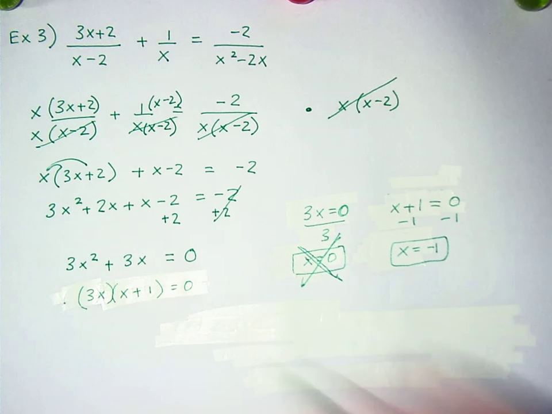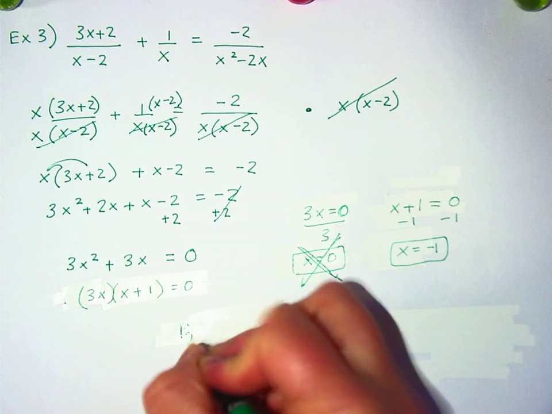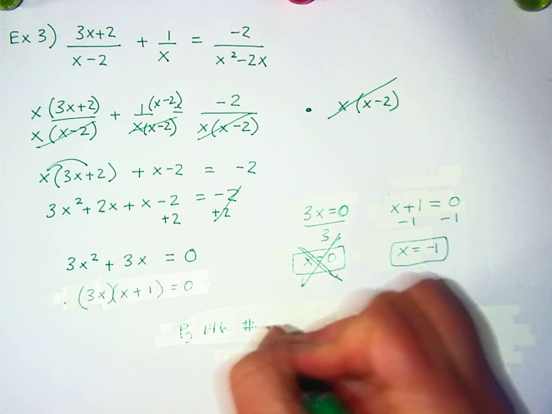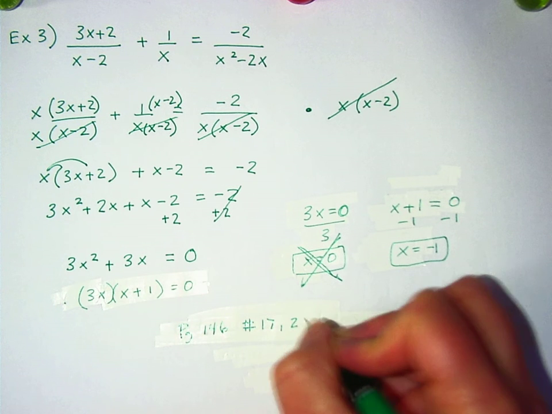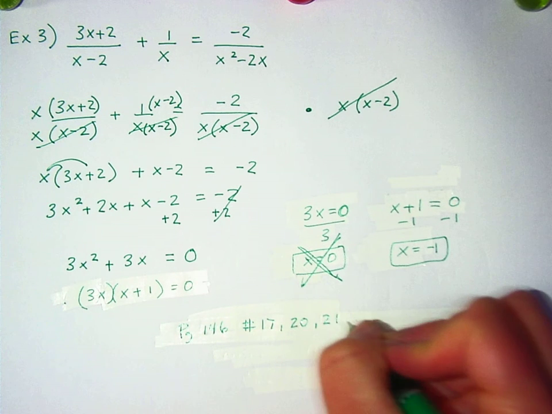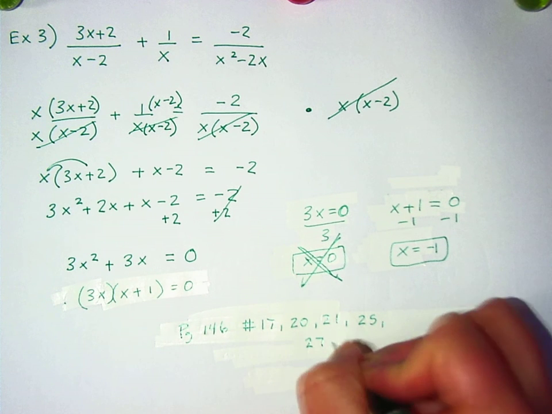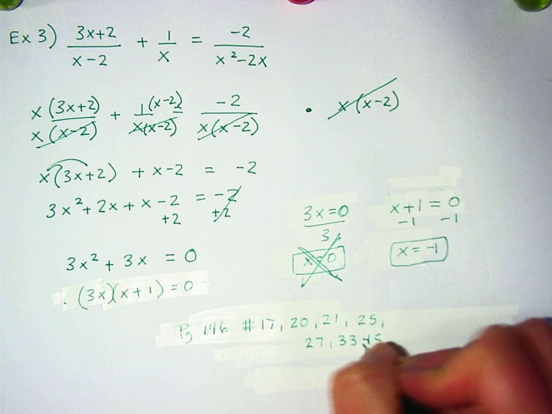So your homework is going to be done over 2 days, and we're going to have another second half of this lesson tomorrow. This is page 146, numbers 17, 20, 21, 25, 27, 33, 45, and 48.